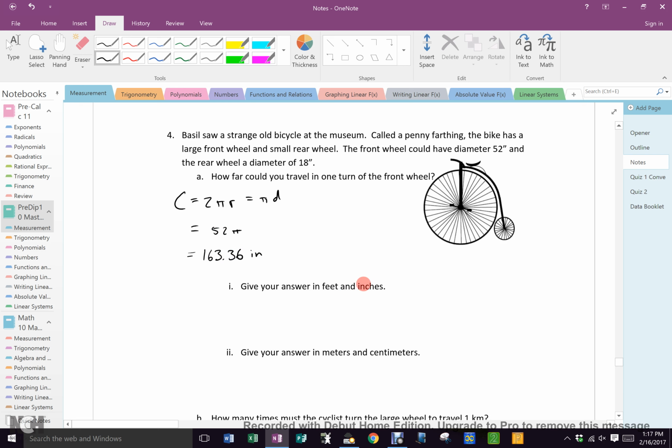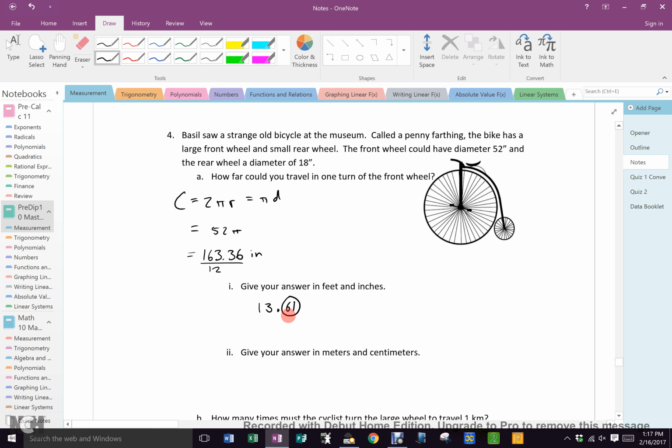I want feet and inches. So what do I do with that to get to feet? Divide by 12. And that gets me 13 and a bit, yeah? It gets me 13 point, I think it's 7. Okay, so 0.61. 0.61 of a foot.